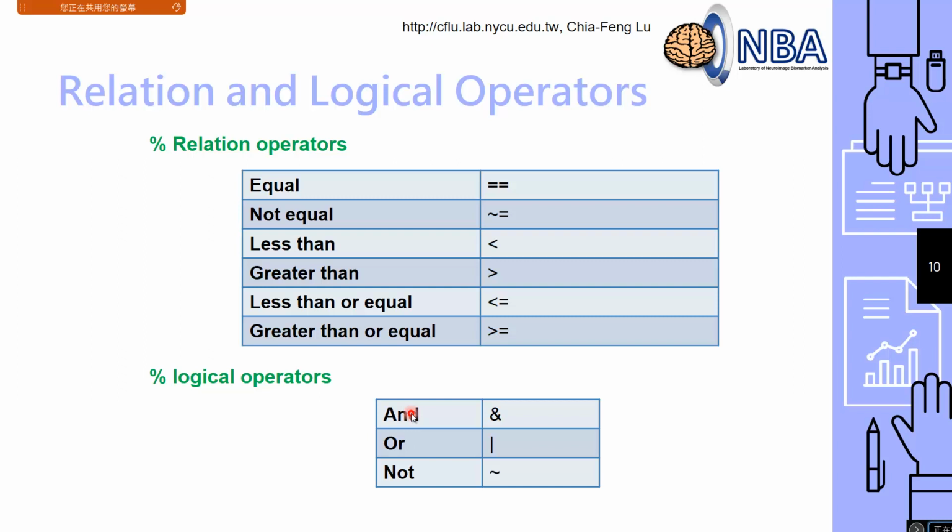You can buy me a sandwich or a hamburger, that means both are fine, right? But if you say you should buy me a hamburger and a sandwich, that means I want both, right? If you say "not", you can buy me a sandwich but not the hamburger, that means I had a hamburger, okay? So it is a little different right here.